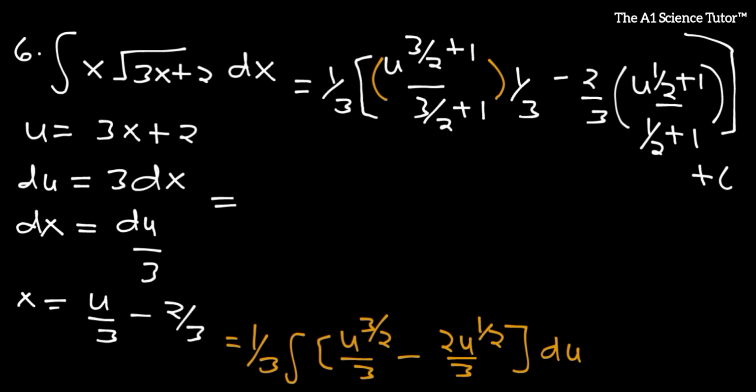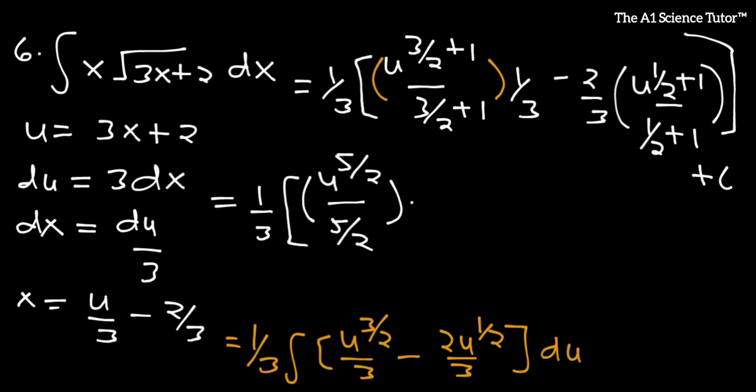So this is going to be 1 over 3. And here we would have 3 halves plus 1. Now 3 halves plus 1 should give us 5 over 2. So that is going to be u to the 5 divided by 2. Here also we're going to have 5 divided by 2.